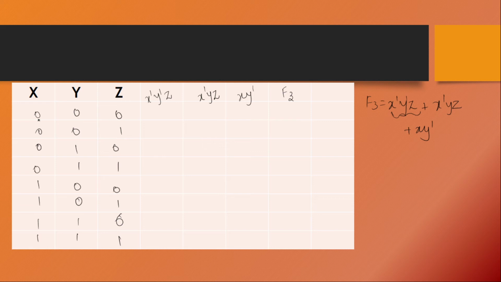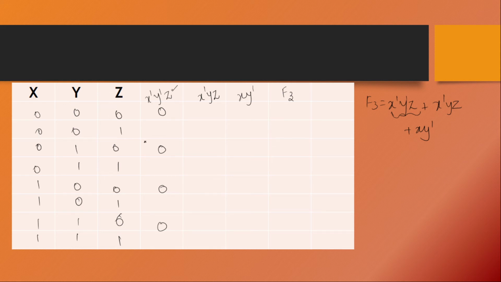So x dash is 1, y dash is 1, z is 0. So I have 0. Since we have z as one of the components here, and it's an AND operation, wherever I have 0 for z, then ultimately 0 and anything is 0. So definitely I will have 0. So this is another shortcut way of doing this.